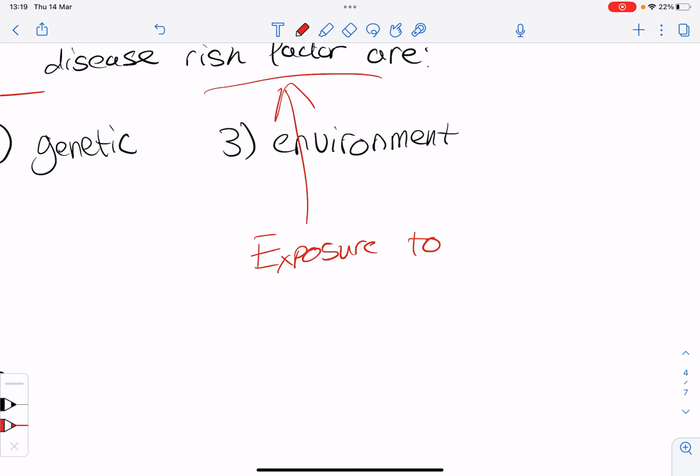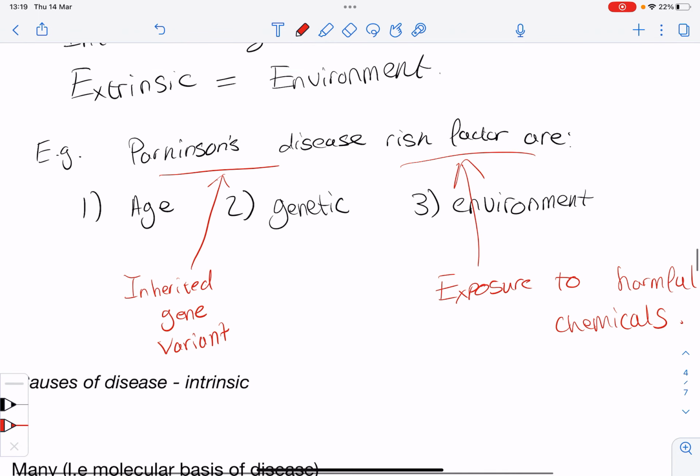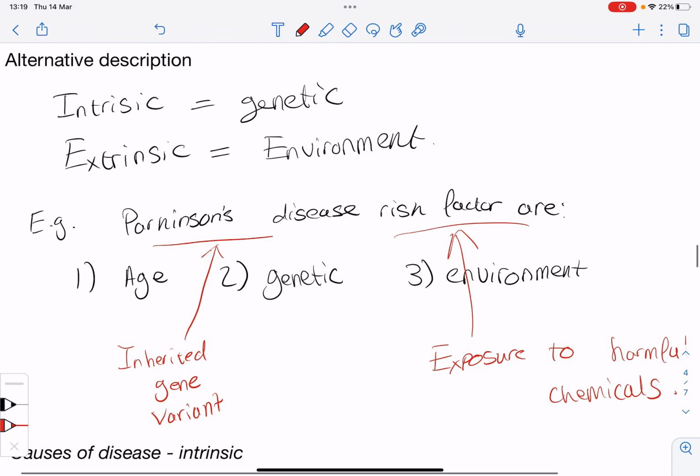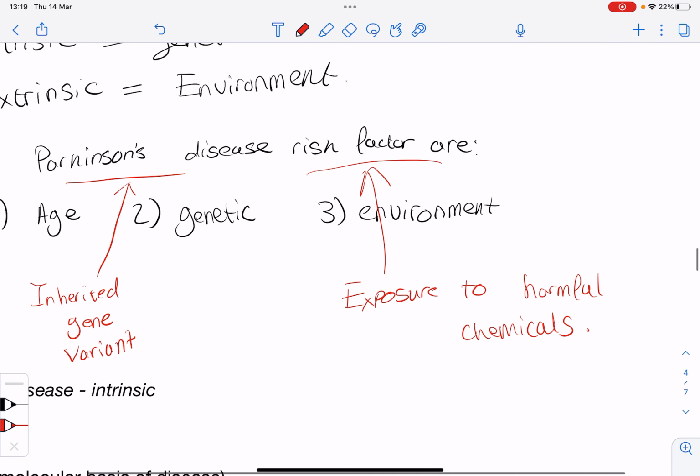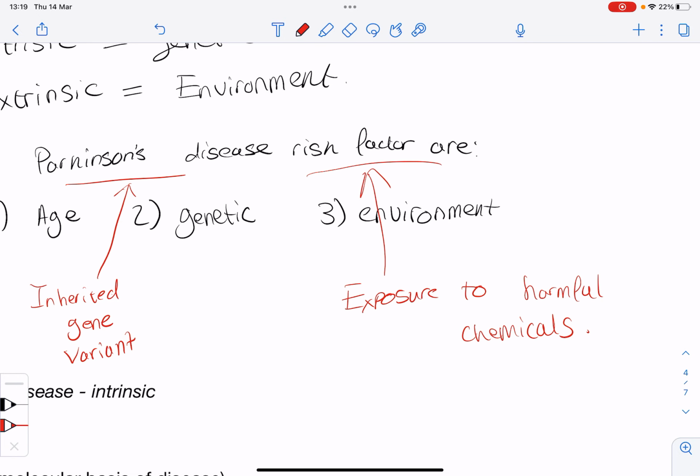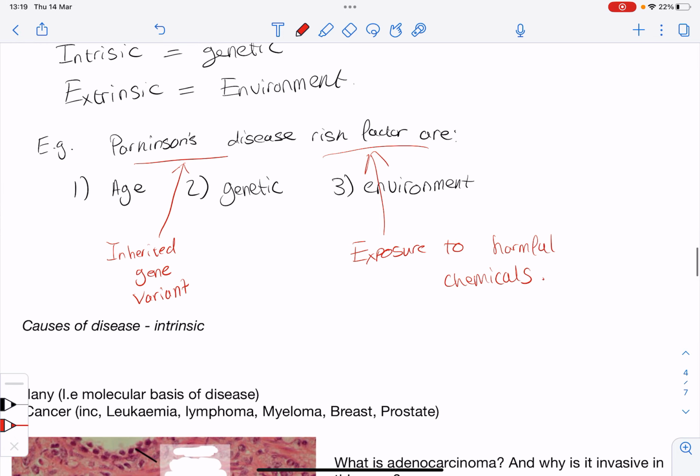So exposure to harmful chemicals. Go with that. Harmful chemicals. And again, as you can see, one's intrinsic because we're talking about genes, and the other one is extrinsic because we're talking about harmful chemicals such as herbicides, pesticides, and solvents, which again turns to your environment. All right.